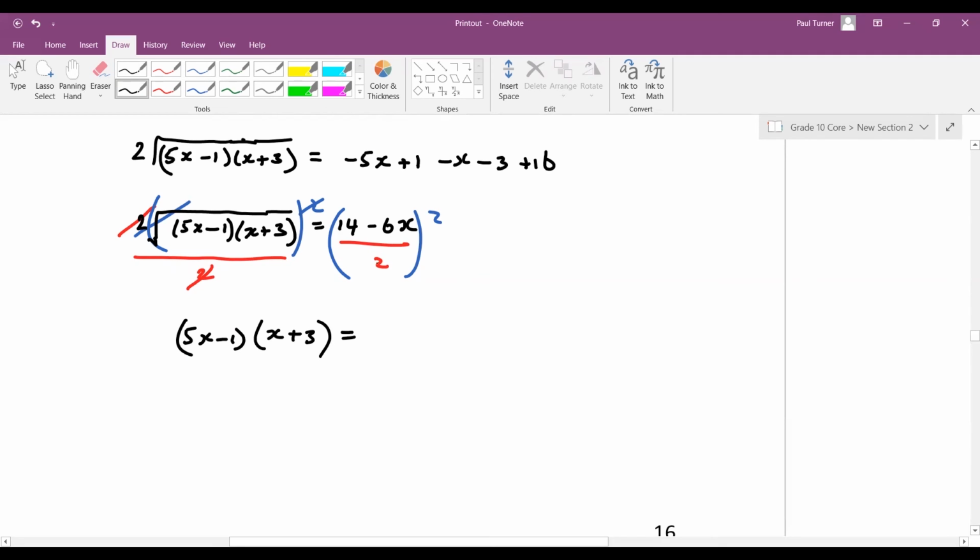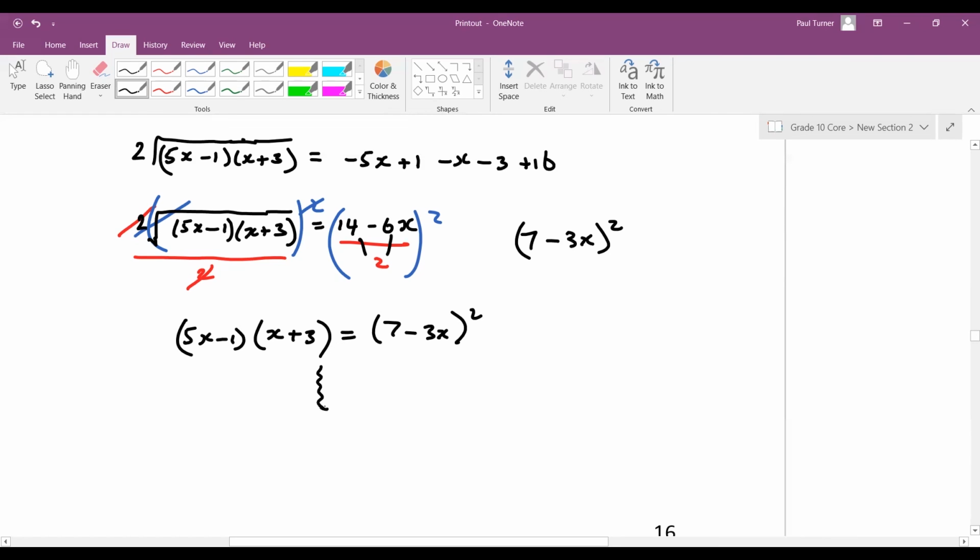But before we square that, I can see I can simplify here, can't I? I can simplify that to 7 minus 3x squared, like that. So I just cancelled the 2 into the 14 and the 7, simplify that way. So 7 minus 3x all squared. So now you see you're going to have a quadratic, but this all has to be expanded out.